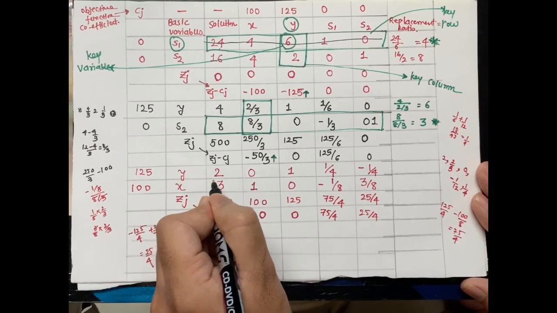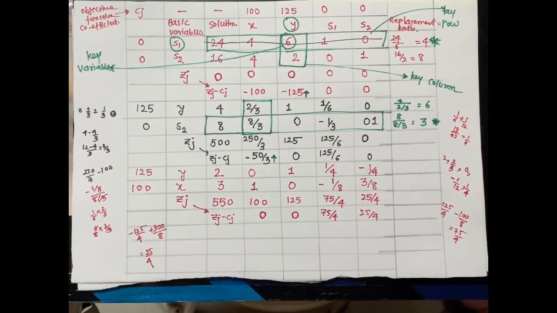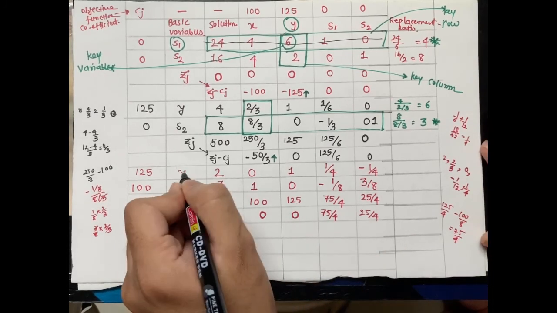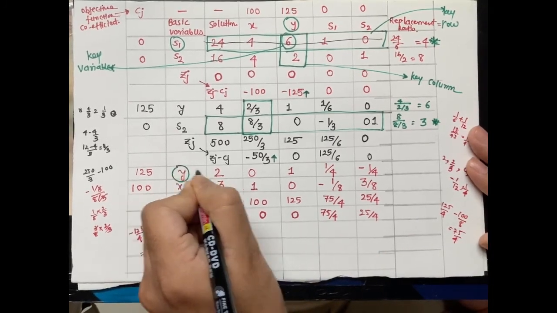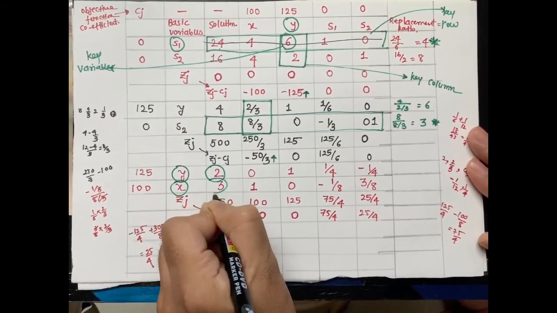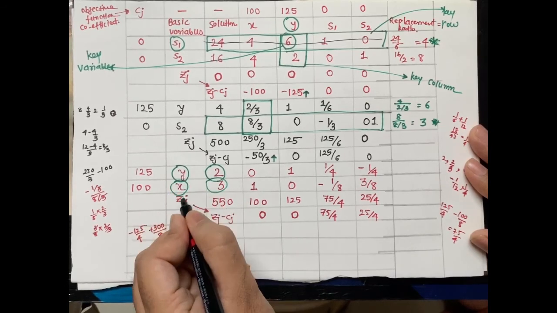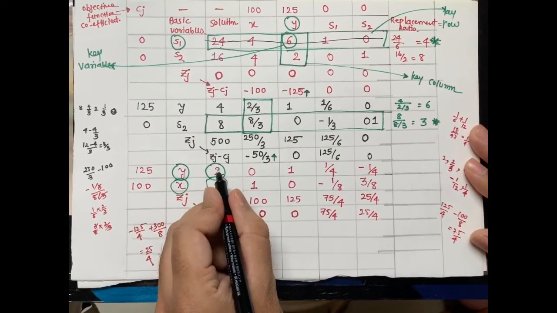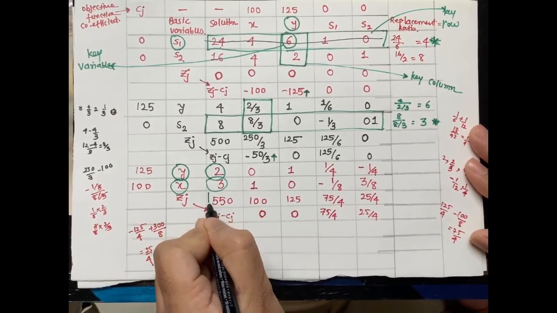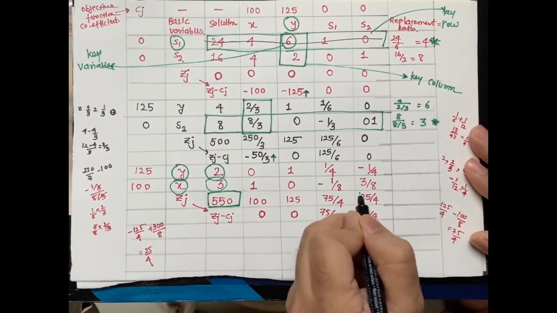The solution value is mentioned here: the variables x and y should be selected such that x has a magnitude of 3 and y has a magnitude of 2. From the solution column I am getting x is 3, y is 2, and the corresponding maximum profit from the Zj value is 515.